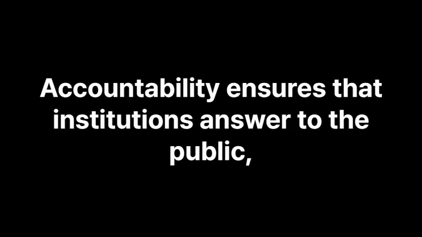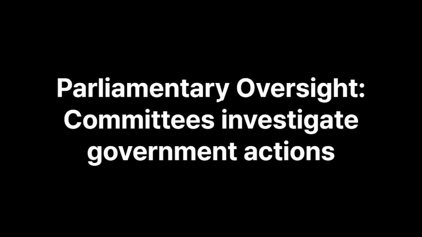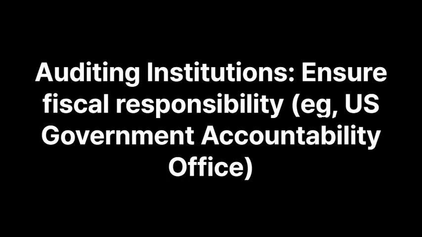Accountability ensures that institutions answer to the public, while transparency enables informed participation. 4.1 Mechanisms of accountability. Elections. Voters can remove underperforming officials. Parliamentary oversight committees investigate government actions. Auditing institutions ensure fiscal responsibility, e.g., U.S. Government Accountability Office. 4.2 Rule of law and anti-corruption.